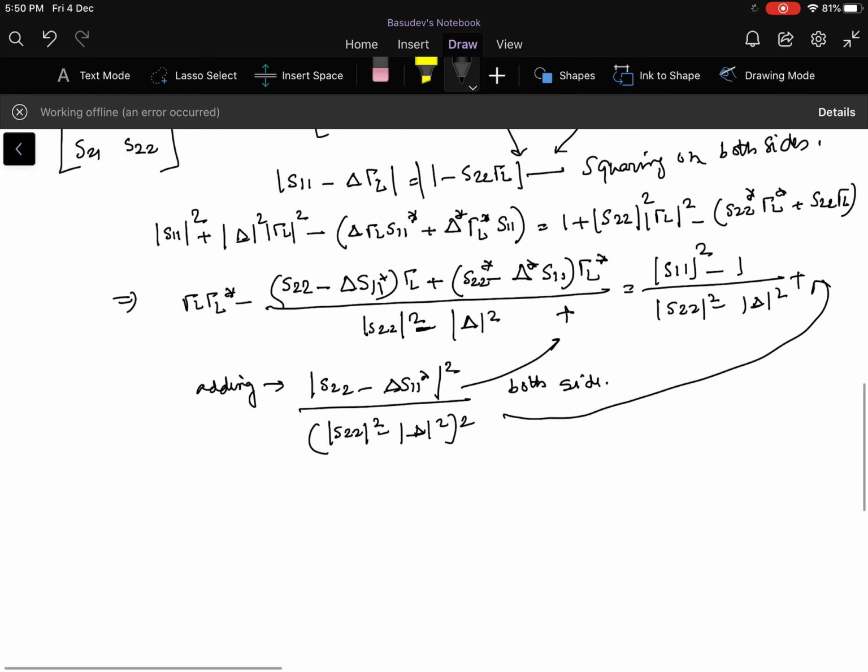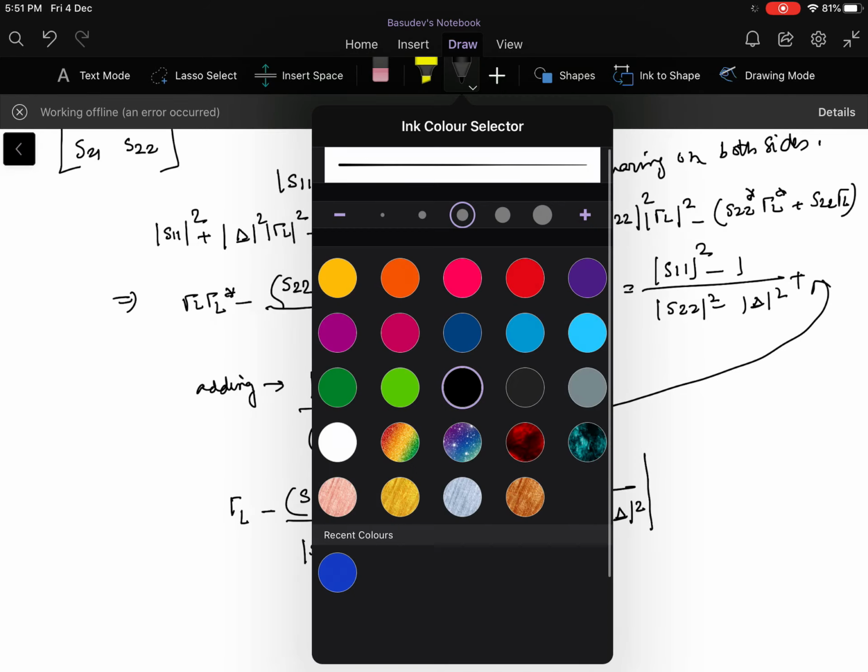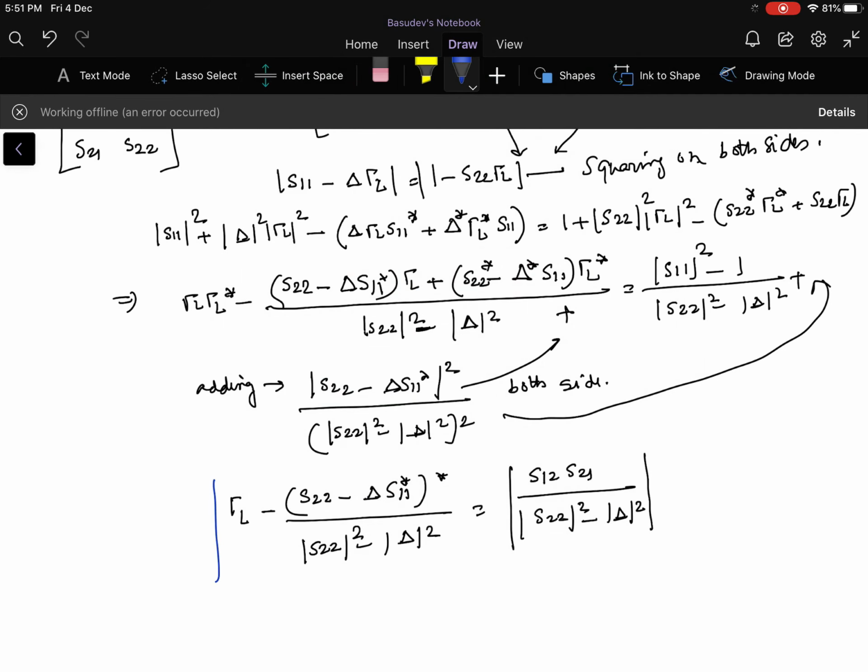Because finally, after doing this, I will get an equation which would look like |τL minus (S22 minus Δ S11*)* divided by (|S22|² minus |Δ|²)| equal to |S12 S21| divided by (|S22|² minus |Δ|²). This is an extremely important equation.